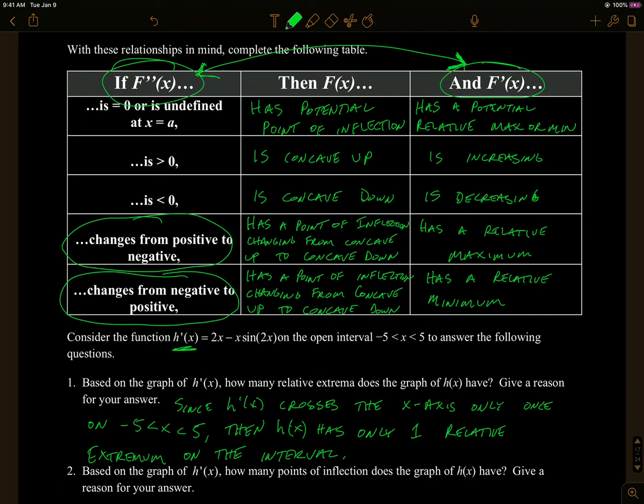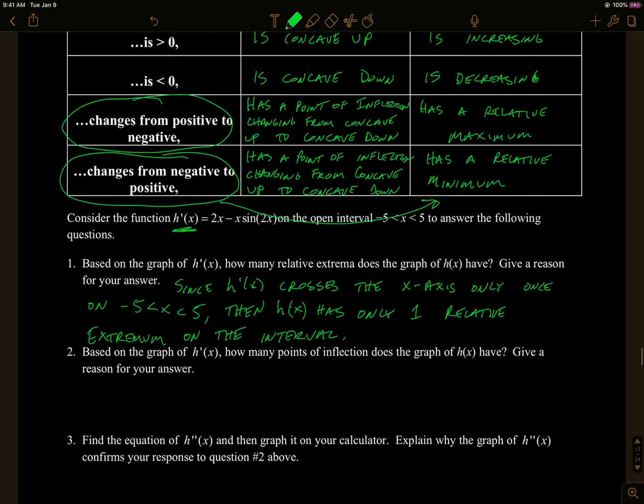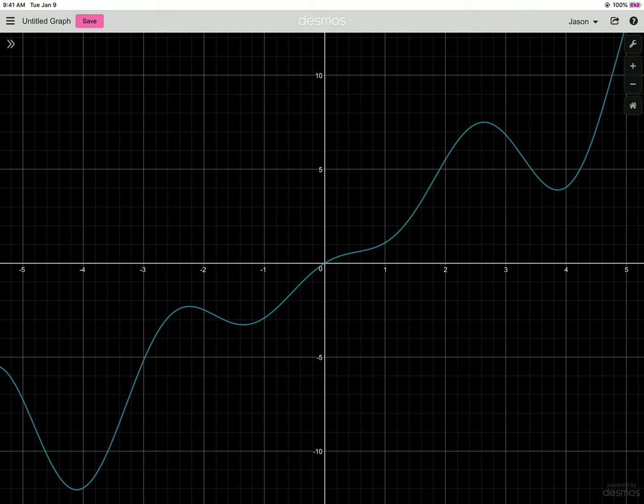So now we can look back to our chart of what that means on h prime. If there's a change of sign on the second derivative from negative to positive, then that means that h prime has a relative minimum or a relative maximum. So based on the graph of our derivative, how many points of inflection does the graph of h have? We have to look for every time there's a maximum or minimum on the interval.